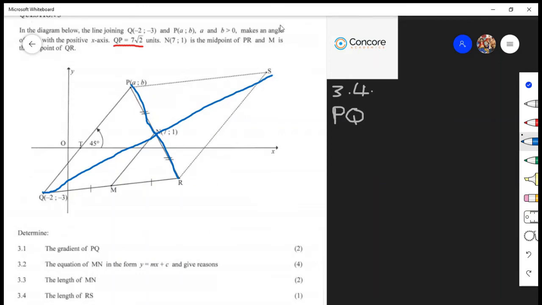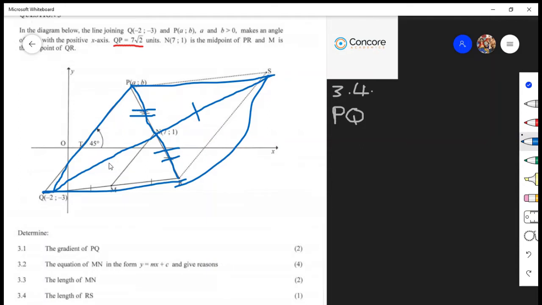Properties of a parallelogram: opposite sides are equal, so PS would be equal to QR, and SR would be equal to PQ, and the diagonals would be equal, like this line is equal to this line, and this line is equal to this line. Do you understand?